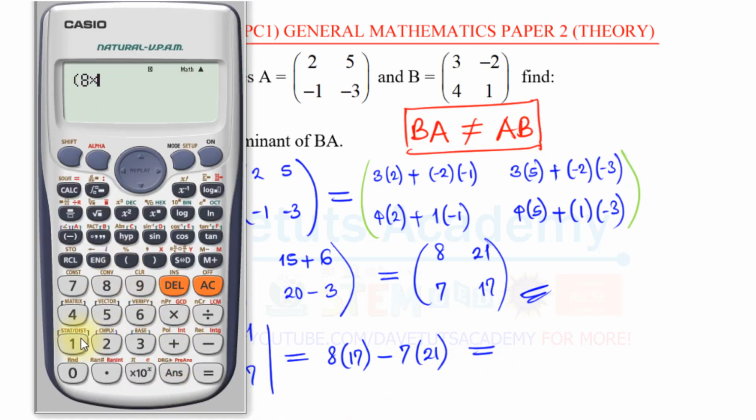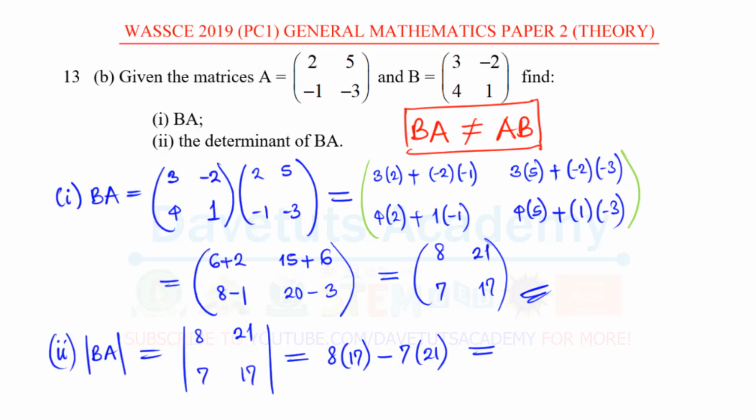8 times 17 minus 7 times 21. That is minus 11. Or if I just want to work it out, 8 times 17, that's 136.